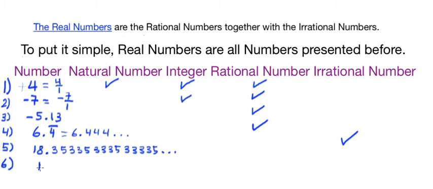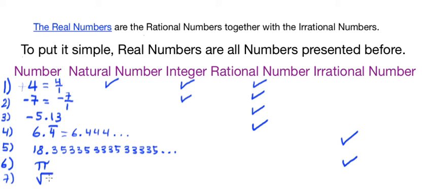Number 6. What about the number pi? The number pi is not a natural number. It's not an integer. It's not a rational number. It's a special number. Remember, its expansion never ends. It's non-terminating, non-repeating. So therefore, it must be an irrational number. What about this number?